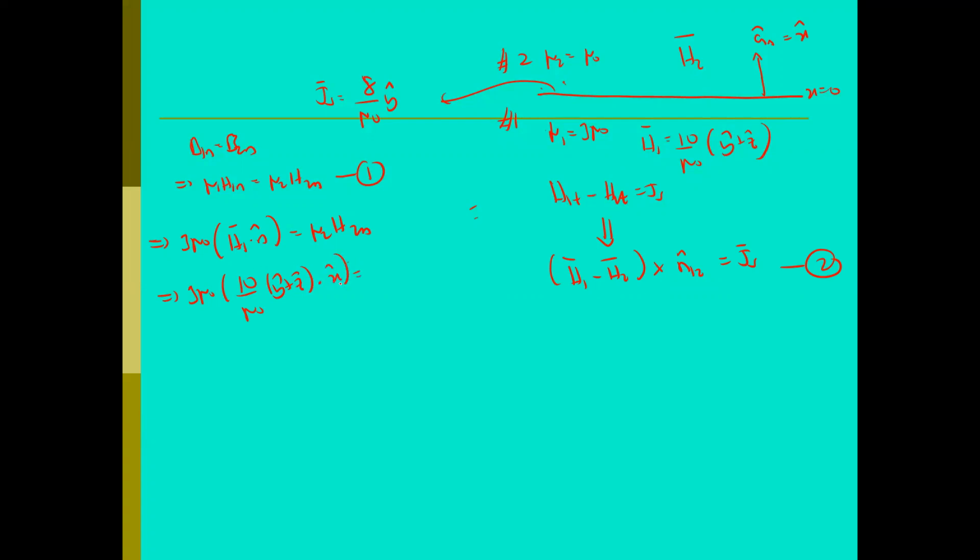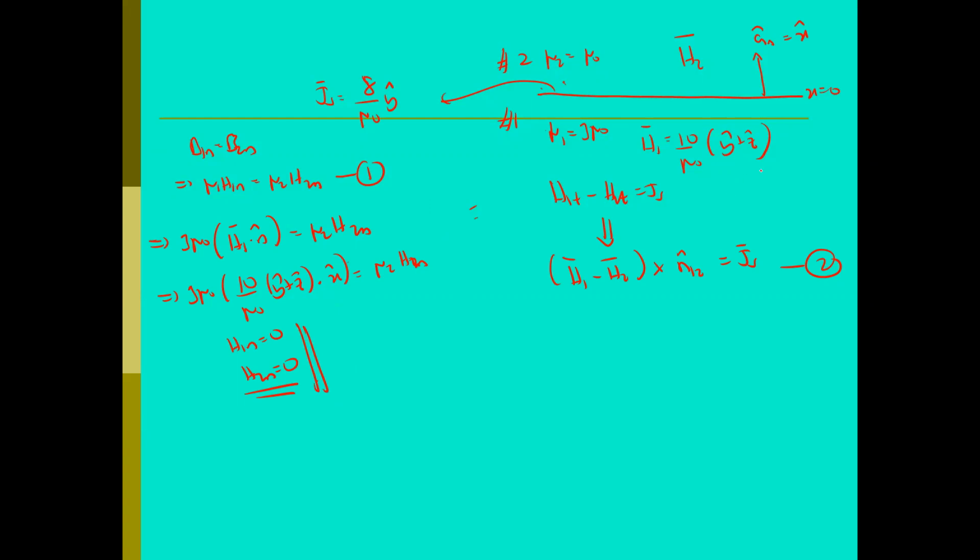From here, it's clear that the dot product between H1 and the normal unit vector will give us 0. So we can say that H1n is 0, and subsequently, H2n will also equal 0. This is what we can say about the normal component of the vectors: from the first boundary condition, H2n will be 0.